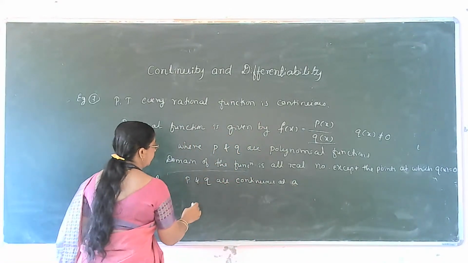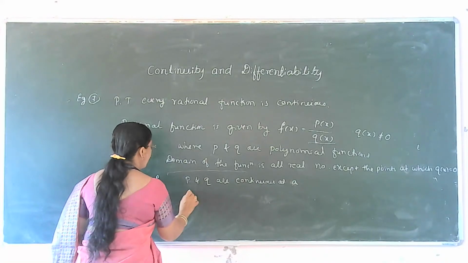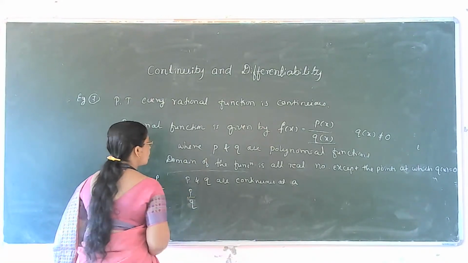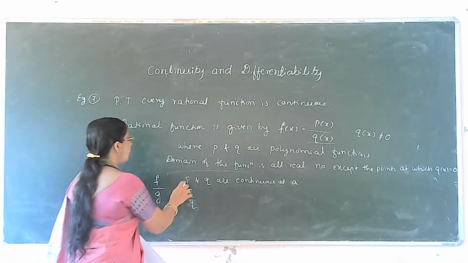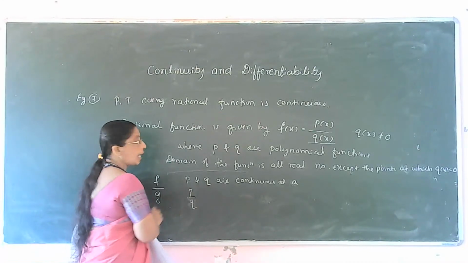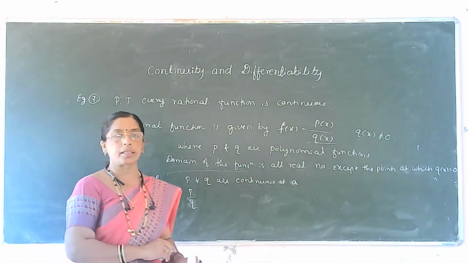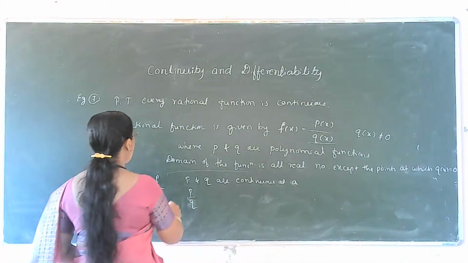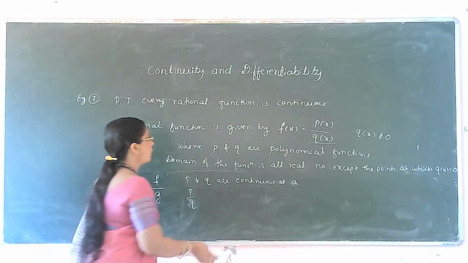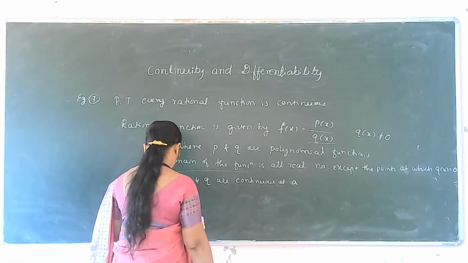Then p by q is also continuous, because individually p and q are continuous functions. By the algebra of continuous functions, p by q is also a continuous function.